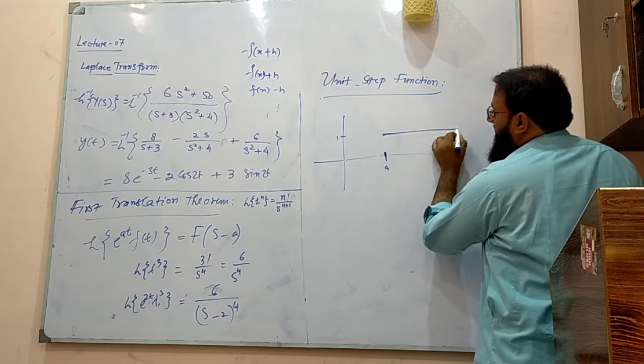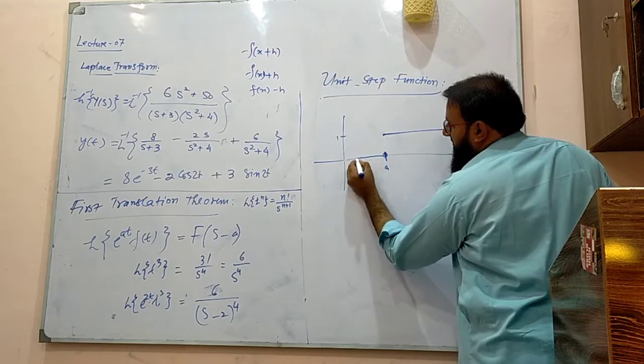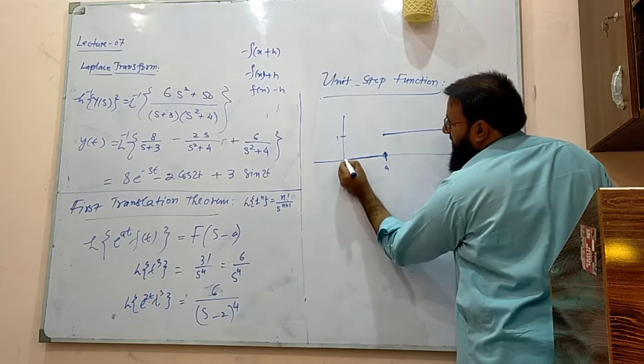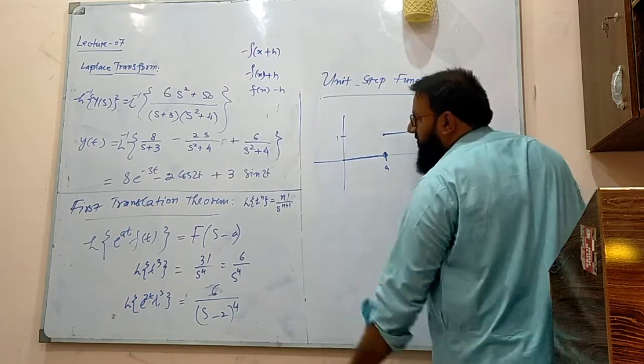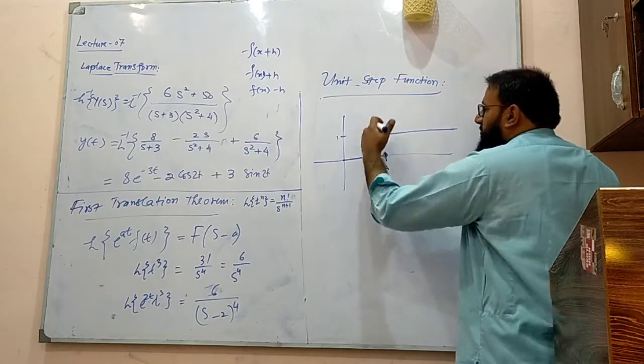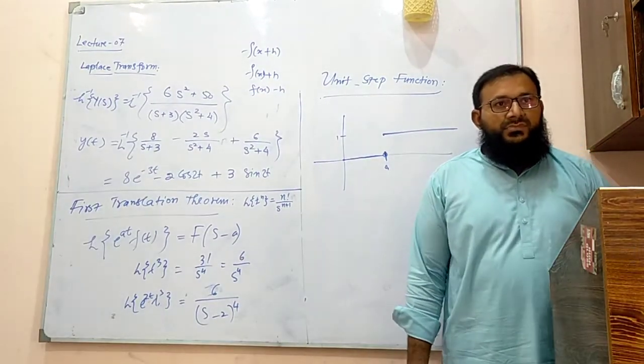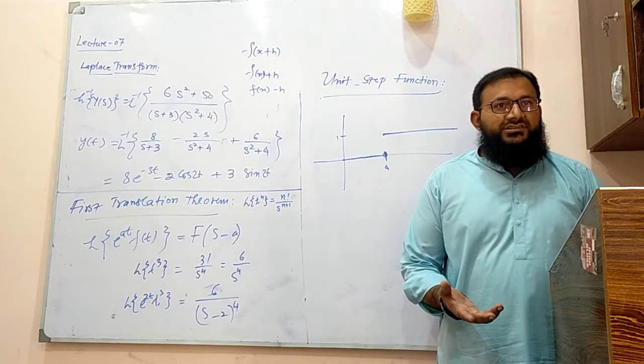So this is the graph of your function after a, and before a, this is the graph of your function. Sometimes you start from 0 and sometimes you go to negative infinity. So you are coming around 0, when you reach a, you take a step that is just 1 unit going up. 2 units, that is a double step function.